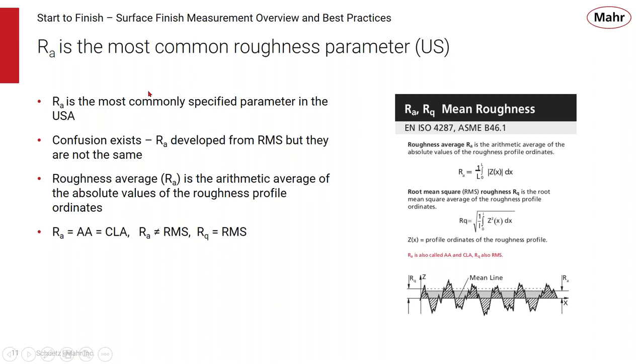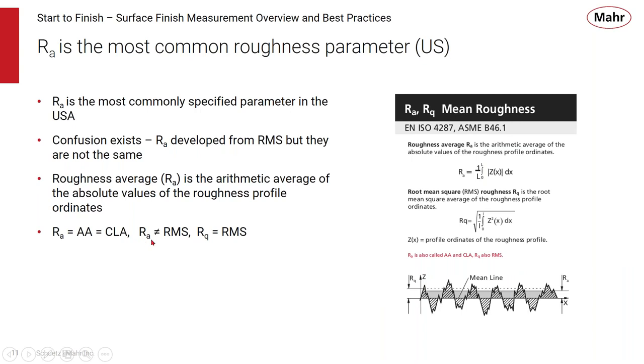There is some confusion because at one time people would refer to Ra as coming from RMS, or root mean squared method for analyzing the roughness, but they're really not the same. Ra is the arithmetic average of the absolute values of the roughness profile coordinates. So Ra equals arithmetic average or centerline average.